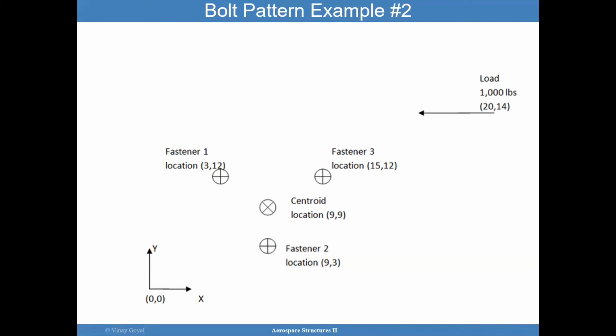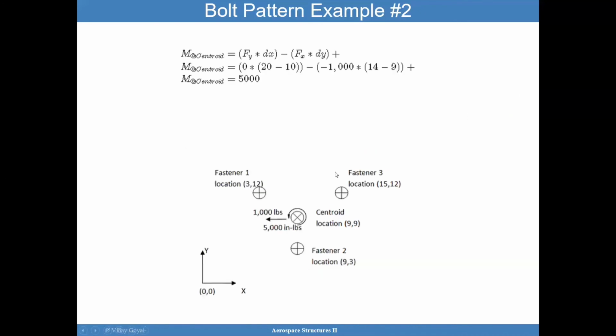The distance in the y direction between this load and this centroid is about 5. So 5 times 1,000 gives you the moment due to this load. That allows you to represent the system as 1,000 pounds and 5,000 pound-inches in this manner. It simplifies the problem a bit.